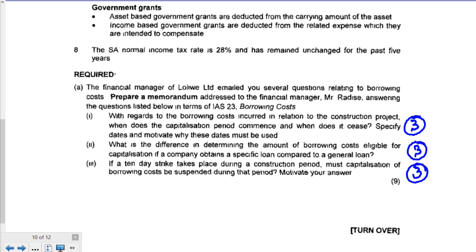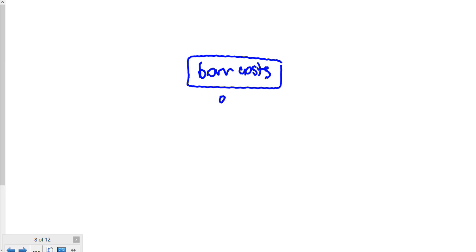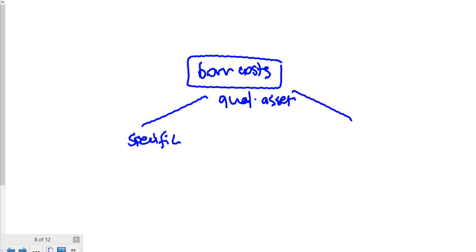Remember that with borrowing costs, the theory is easy. It's the calculations of the interest that's a pain, isn't it? So what is the theory of borrowing costs? If I have borrowing costs for a qualifying asset, that's the first thing. It has to be a qualifying asset. Then I ask myself the question, do I have a specific borrowing or do I have a general borrowing?